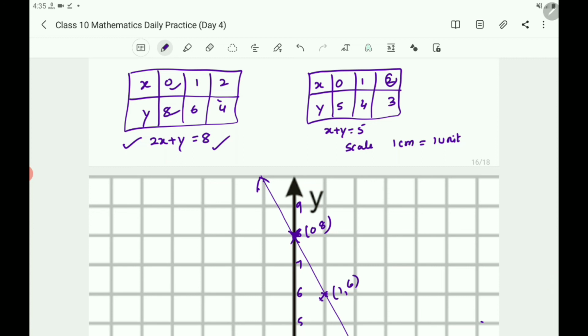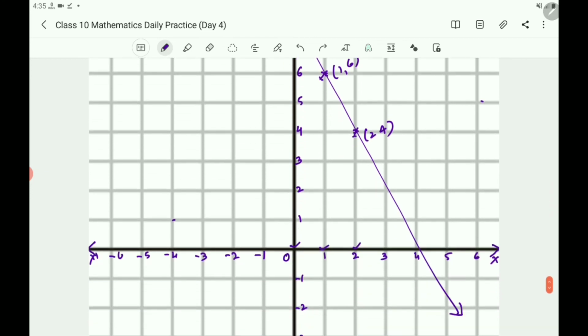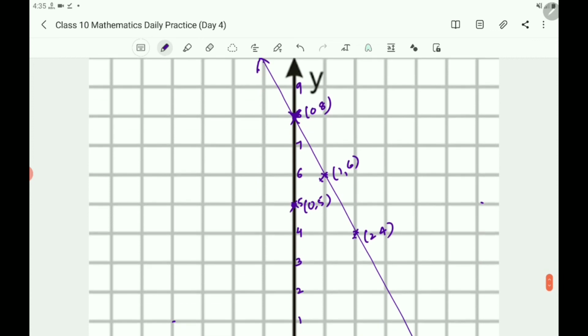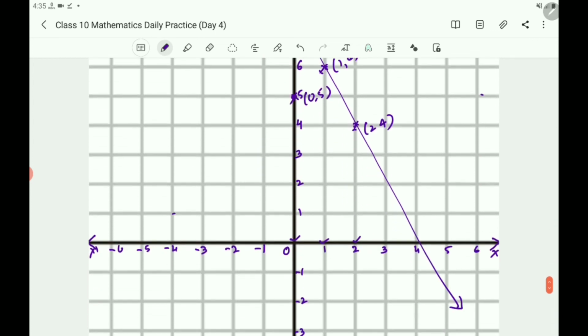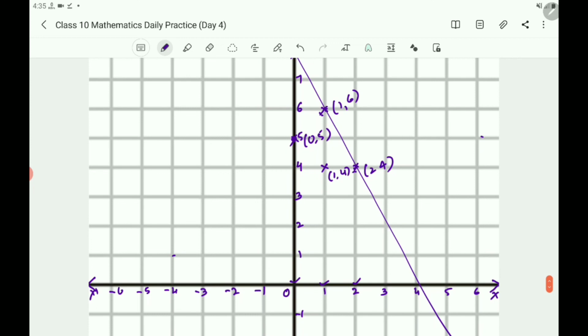Now let us draw the straight line for the second linear equation. The first pair of points is 0, 5. So 0 is here, 5 comes here. This is 0, 5. Next 1, 4. This is 1, 4. Next 2, 3. This is 2, 3.